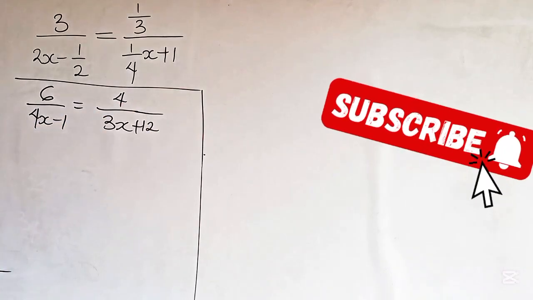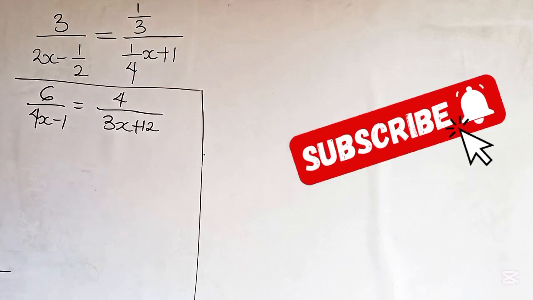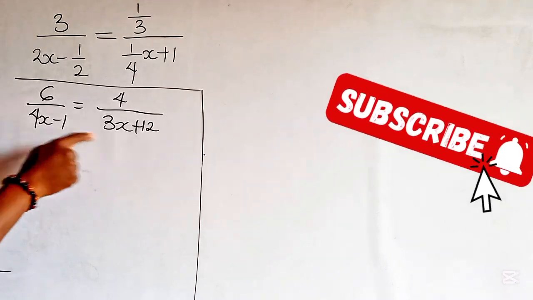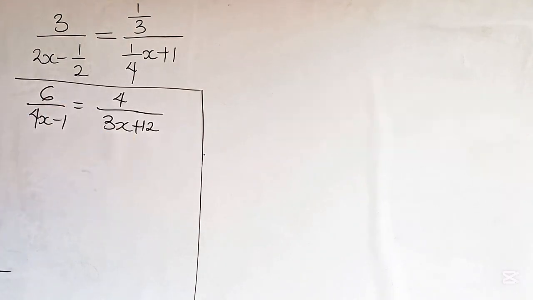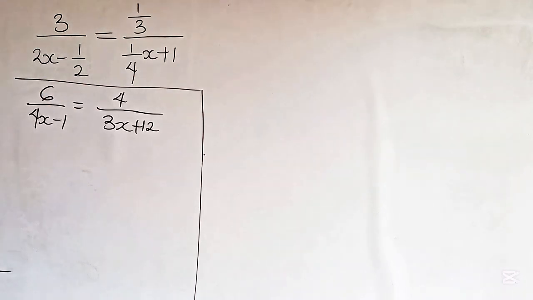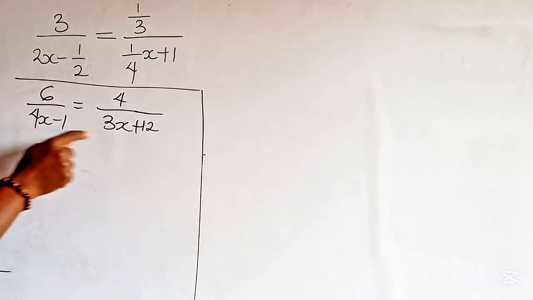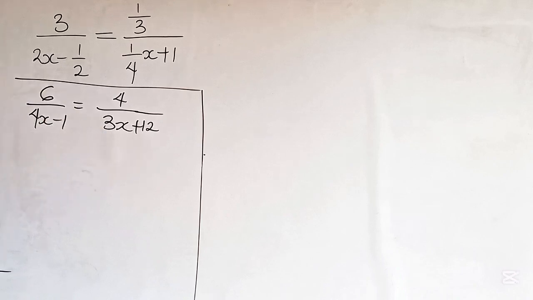So now, before we cross multiply, we are going to do something here. Since we have just single fractions at both sides of this equation, we can find the reciprocal of each of these fractions.